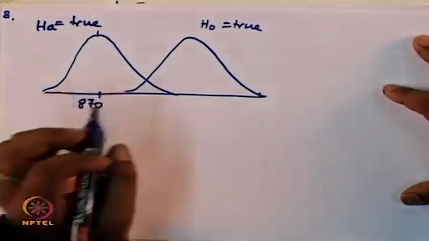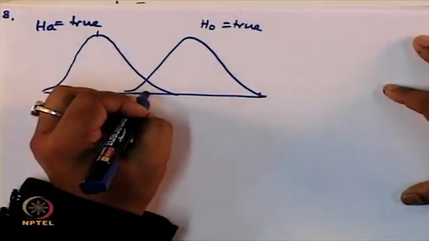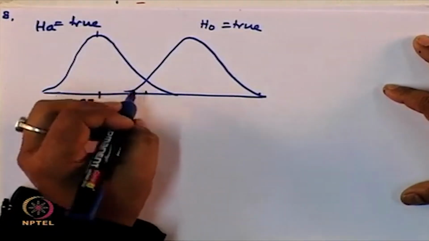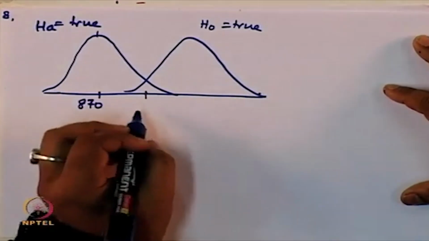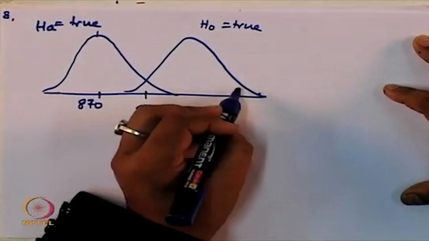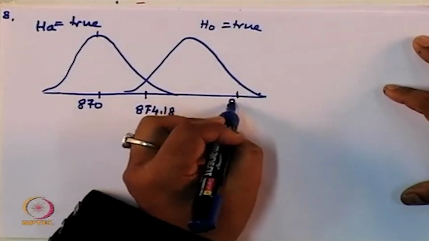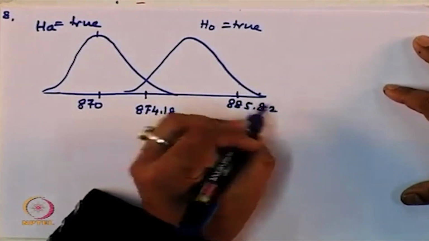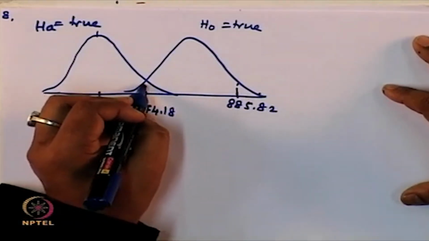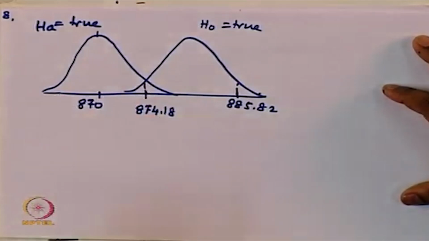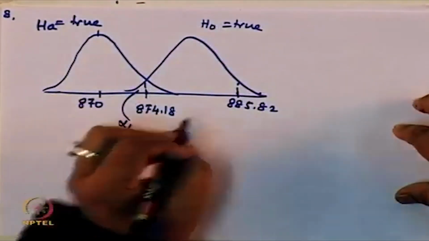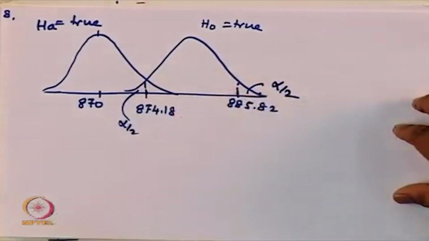What I know is my acceptance range, which I calculated at 874.18 and 885.82. This is my alpha by 2 and this area is my alpha by 2.